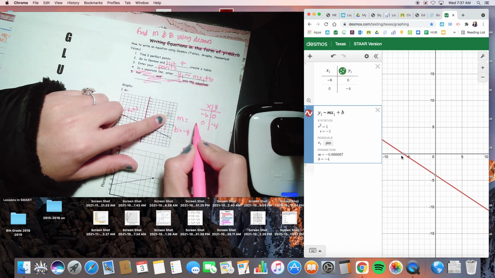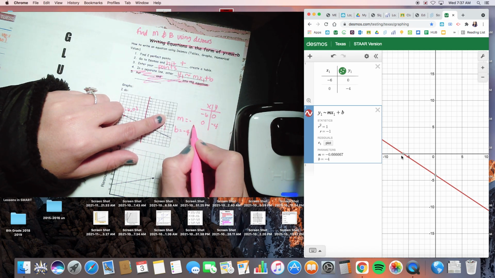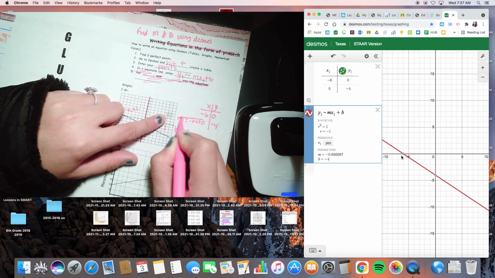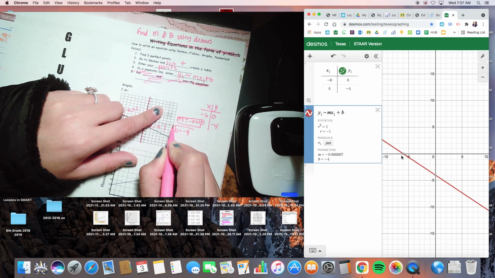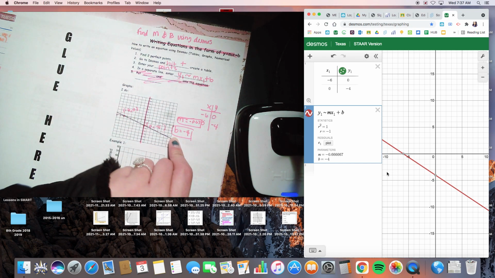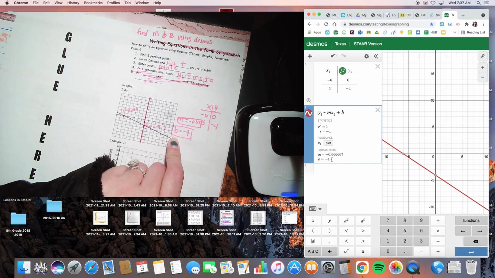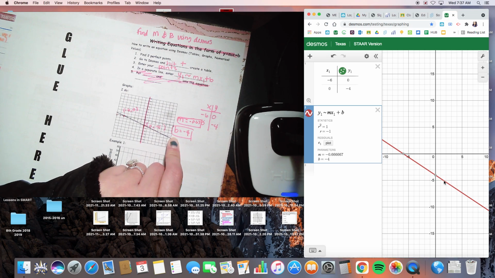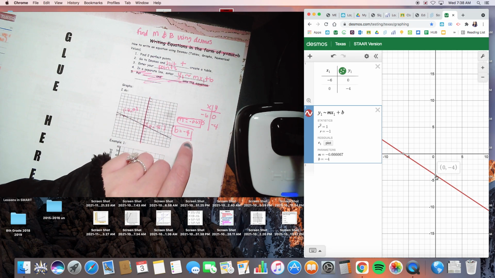We're going to go ahead and round and make that -0.67. And you can also see that it verified that my y-intercept was -4. It graphed the line for you, and you can see where the line is crossing the y-axis. It's crossing at -4, so that also proves that I have -4 as my y-intercept.